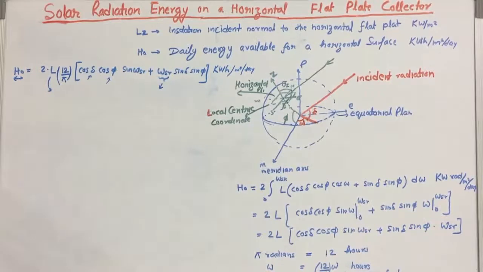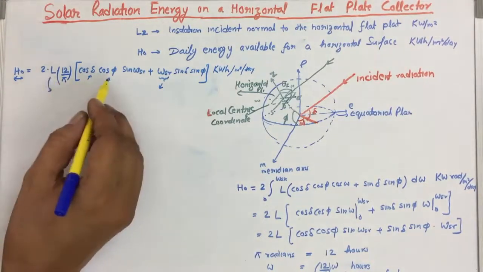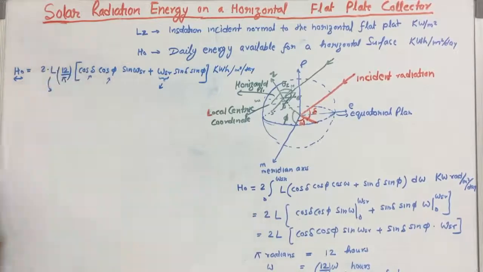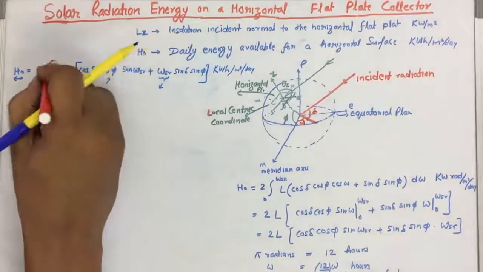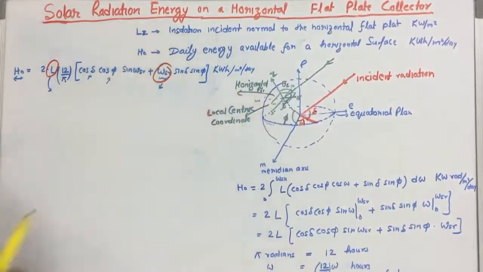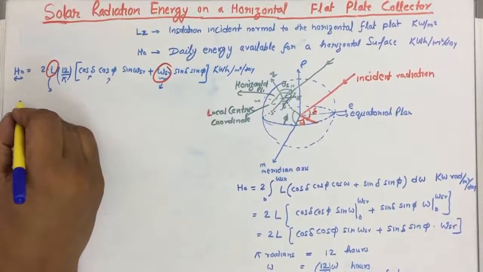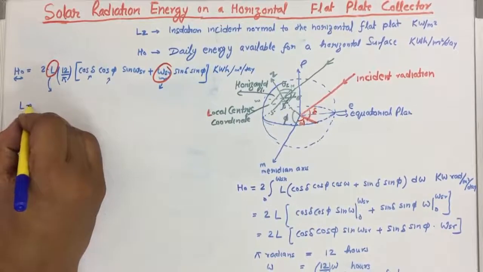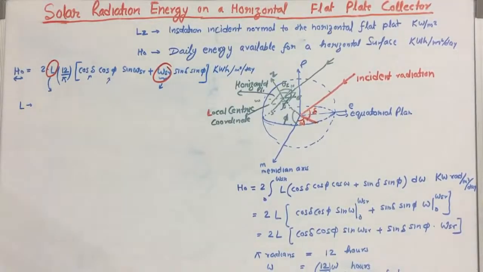So these two terms are still unknown. To find the total energy in the solar radiation, let us try to find these two terms. So let us mark them, L and omega SR. L is the radiation energy that is available at the extraterrestrial region, and the term is already defined for that.